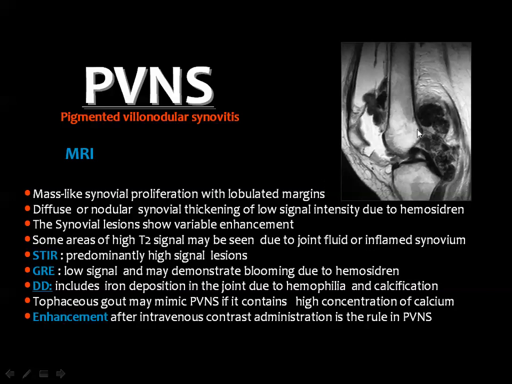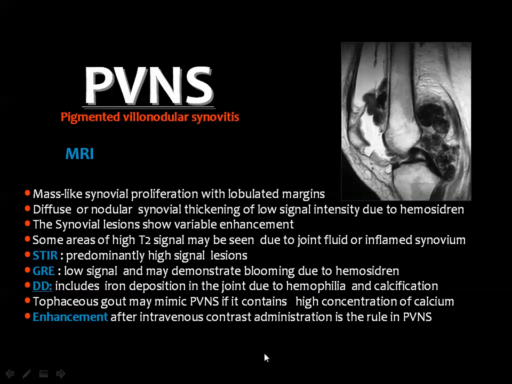You can see multiple masses inside the joint, and these masses have intermediate signal in the T1 and dark signal in the T2 weighted images. On STIR images, they may show an increased signal. On gradient image, they may demonstrate blooming due to the presence of hemosiderin.